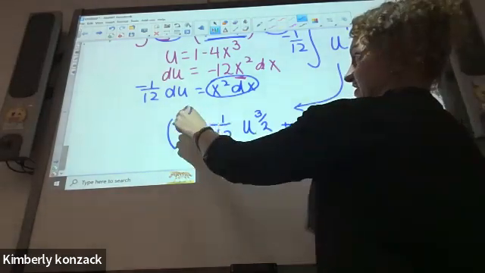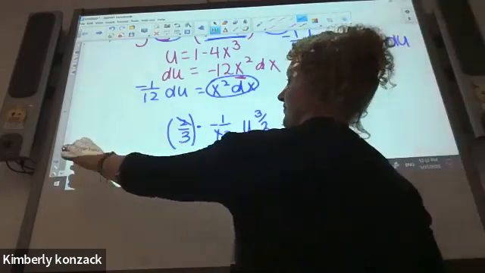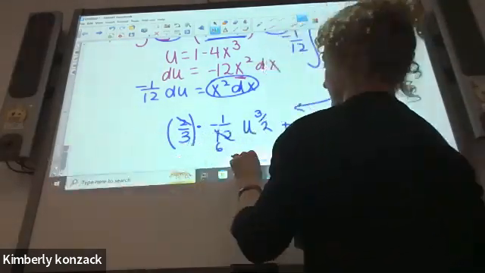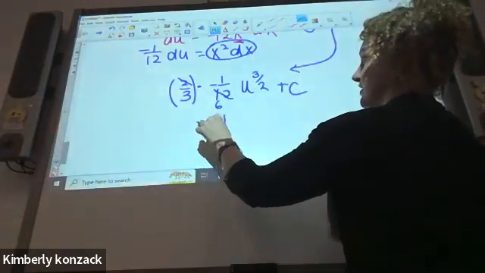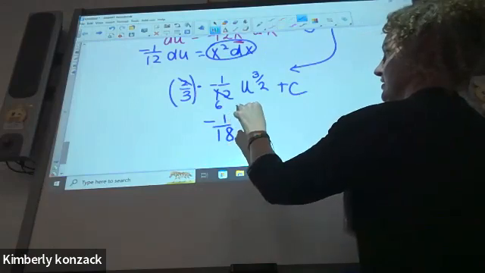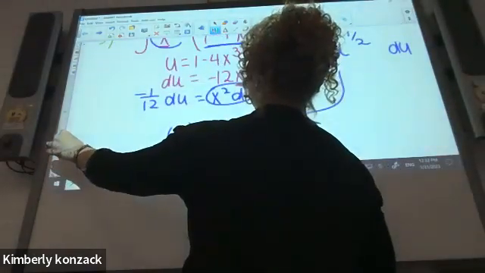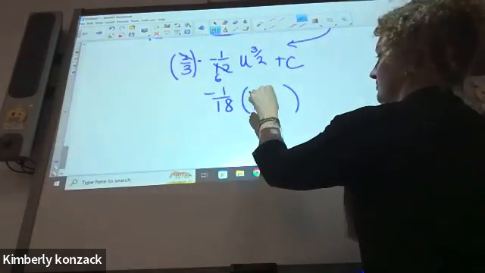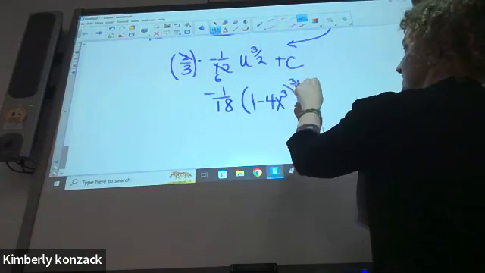And then we fix this up. So negative 1/18. My u was 1 minus 4x cubed. 1 minus 4x cubed to the 3/2 plus c.